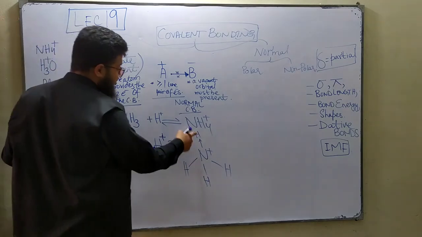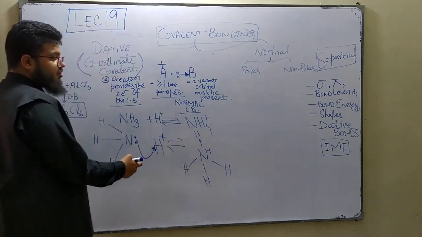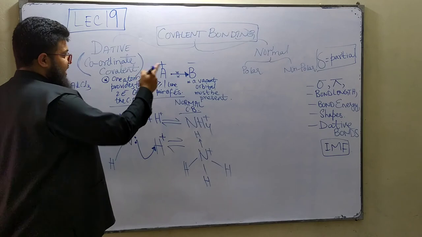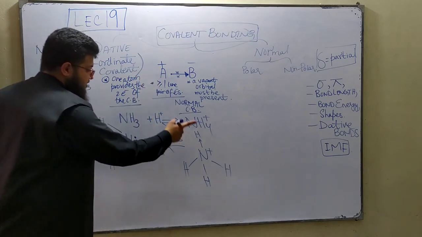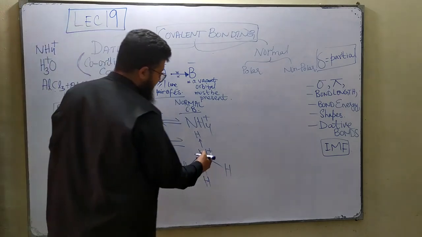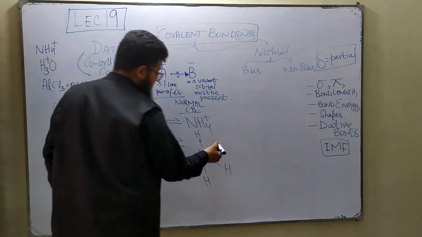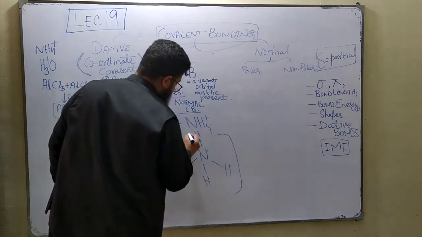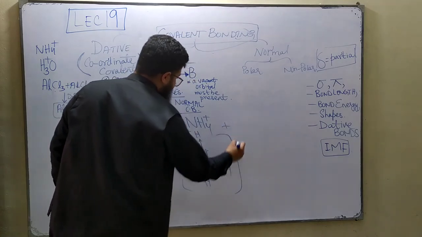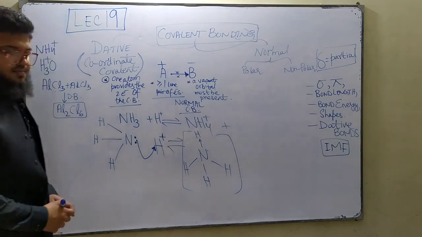The reason, because it has lost one electron, and this hydrogen already had a positive charge, so the negative charge that it was supposed to get, it didn't get, but rather this positive charge got nullified, because it already had a positive charge. You can write it in this form, or you can just put a bracket outside of this entire molecule and place a plus charge over here.